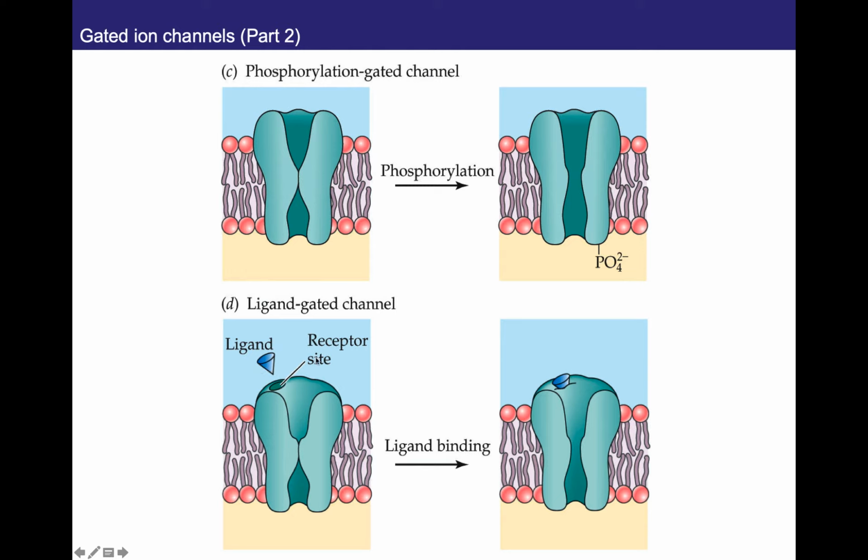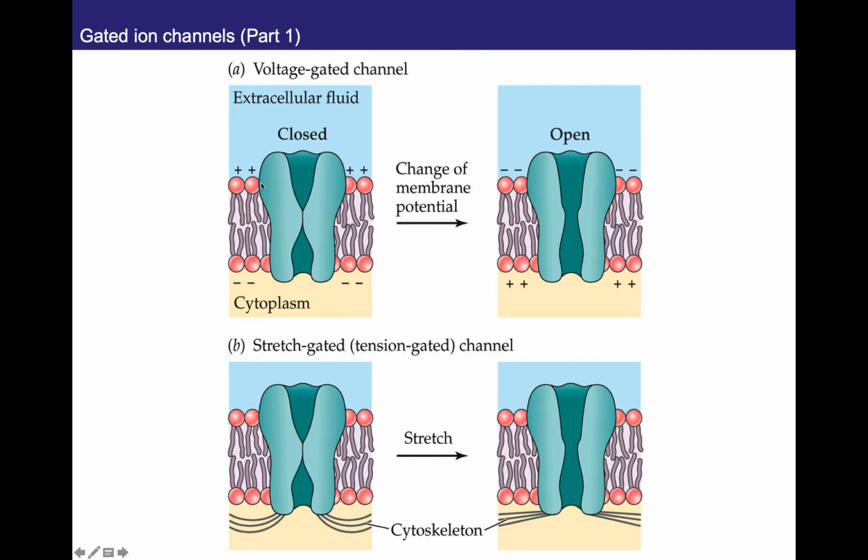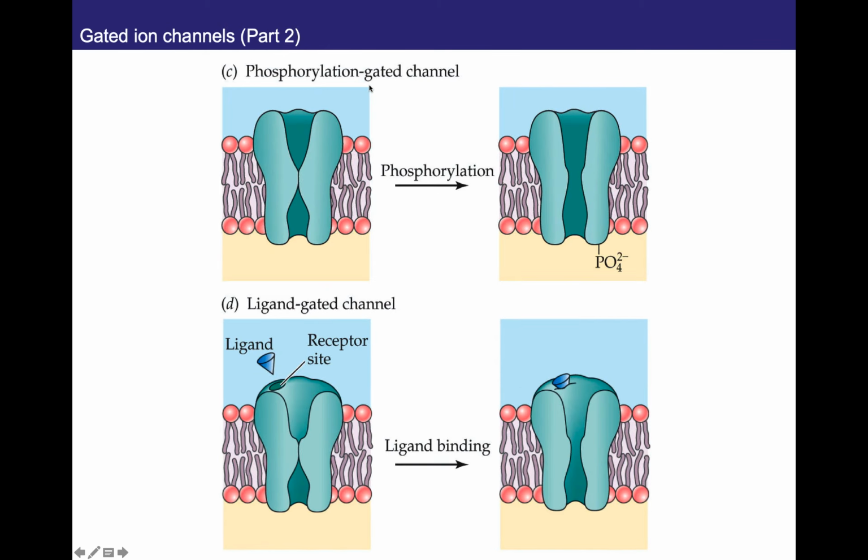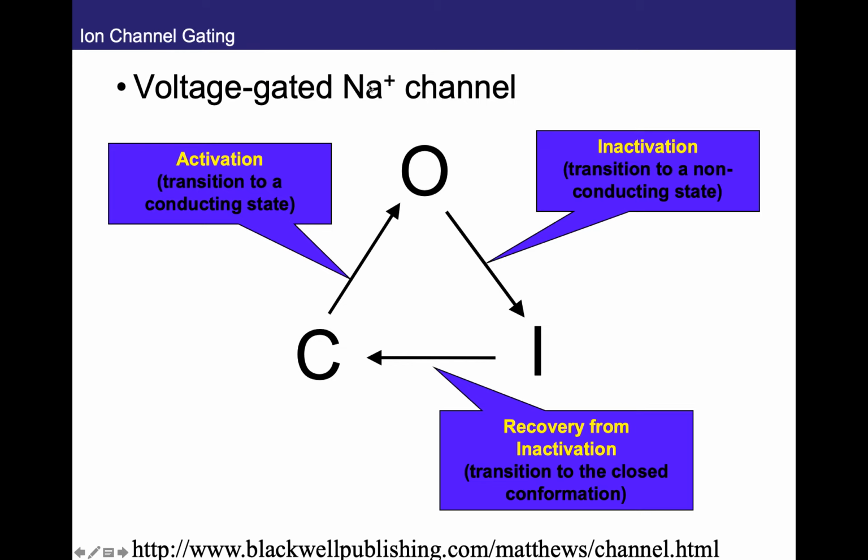And now I'm going to focus on the voltage-gated sodium channel. We're going to go back and revisit this voltage-gated channel. The reason why I'm going into detail about this channel is because it's going to be really important when we talk about action potentials. So don't purge any of this. Okay, so specifically looking at voltage-gated sodium channels, this has three different states.